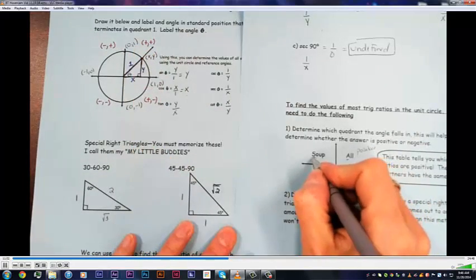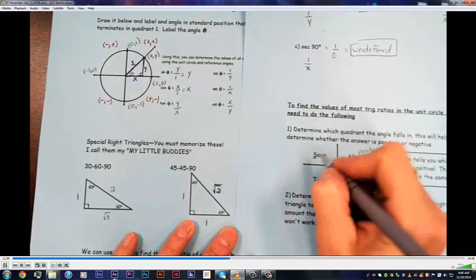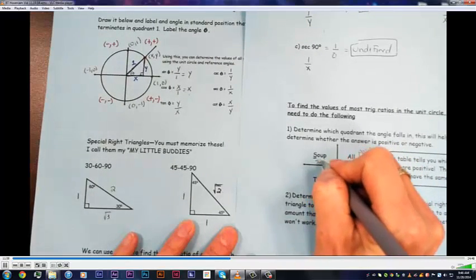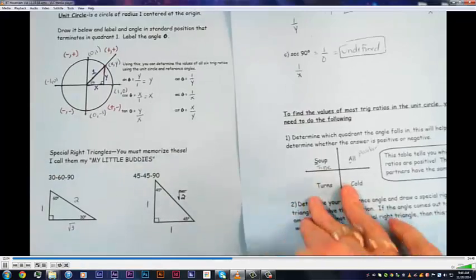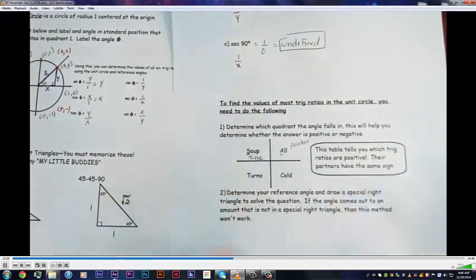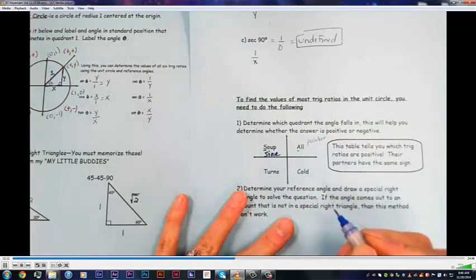Okay, the S, the soup part. The S stands for sine. Maybe you can see that better.